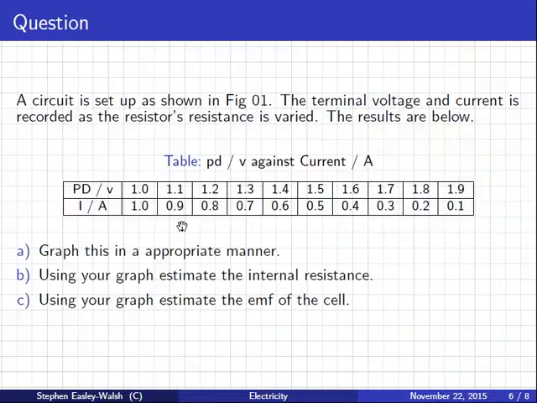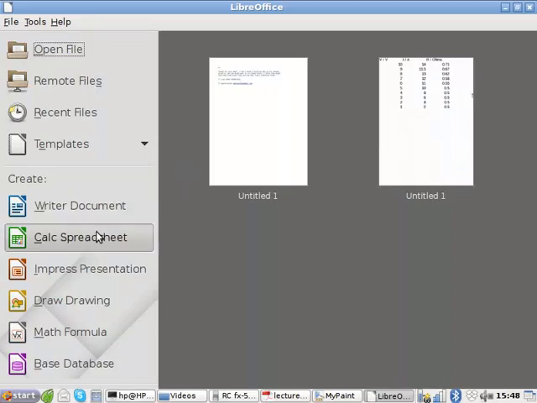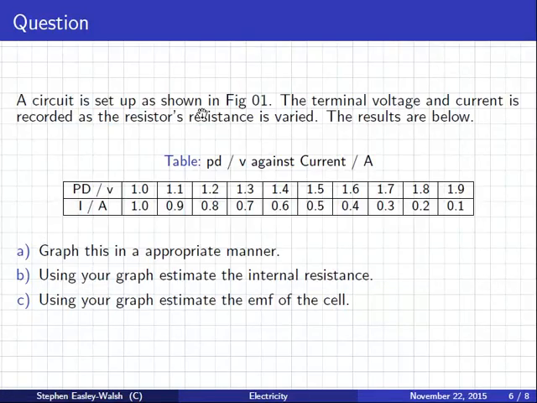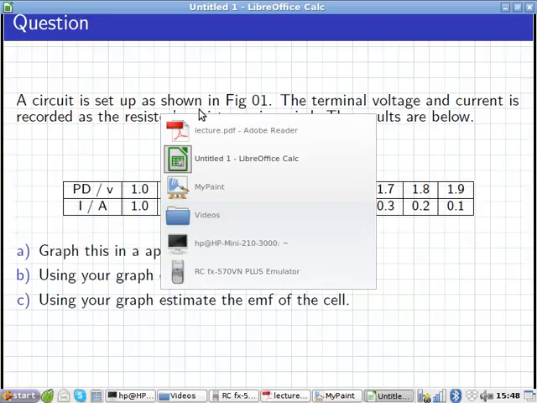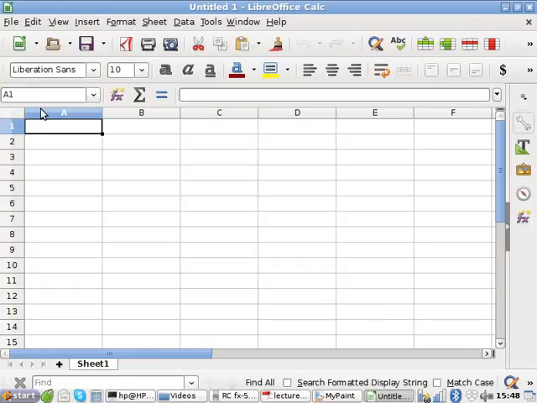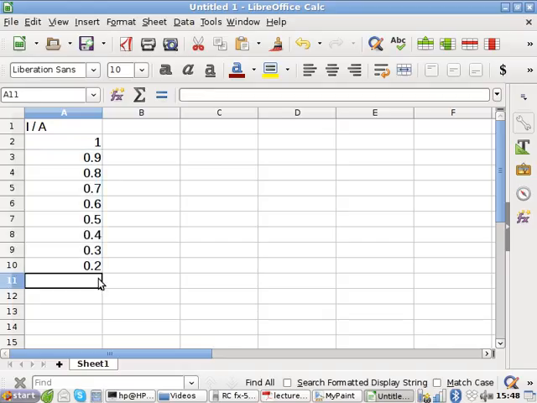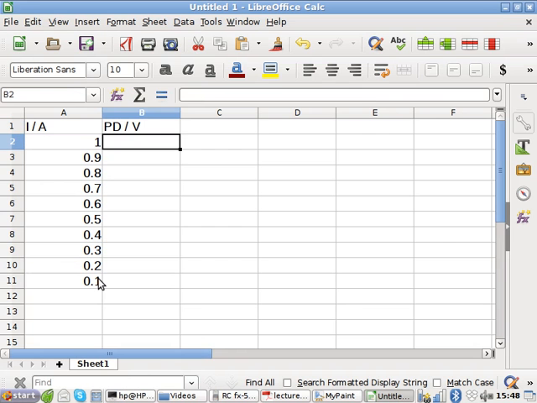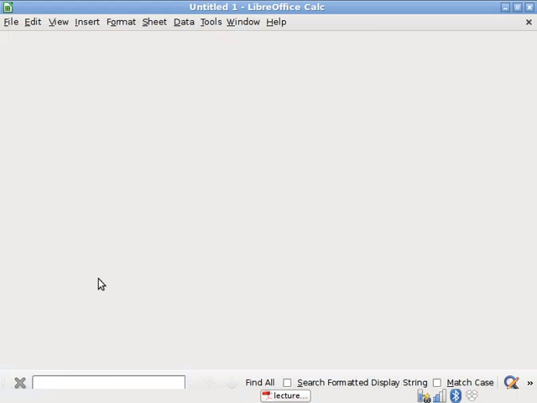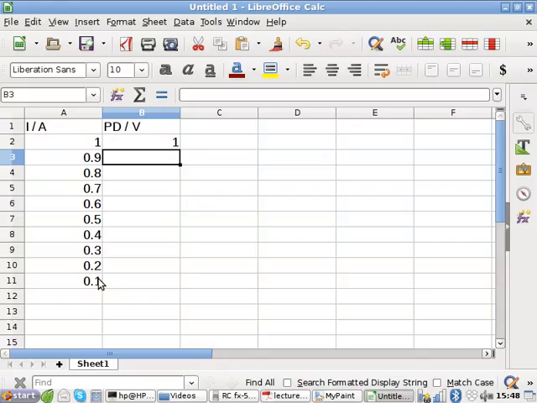It's going down in 0.1s. Current in amps starting at 1 and decreasing by 0.1 each time until we get to 0.1, and then what's happening with the voltage, the potential difference in volts? 1 to 1.9, increasing by 0.1.